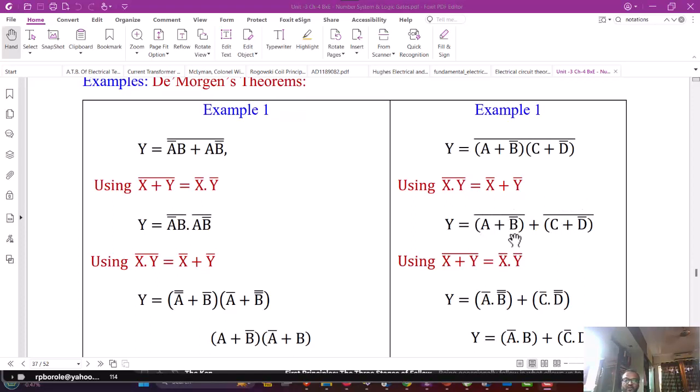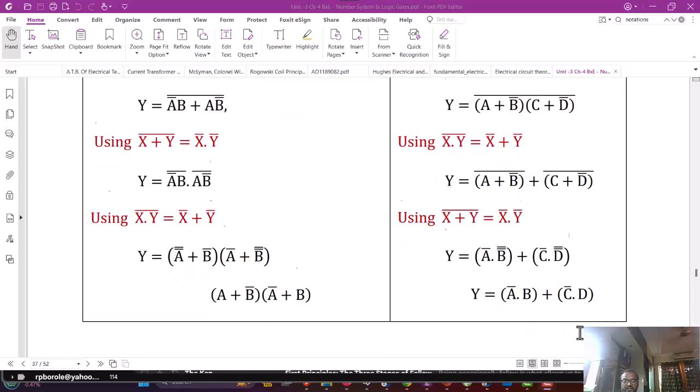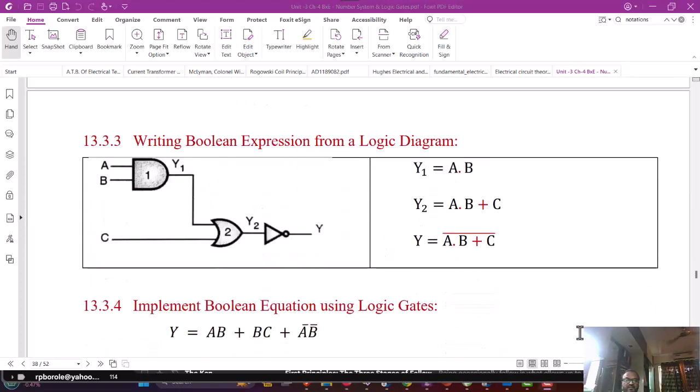Here the complement of OR operation results in the product of complements. So again this OR sign will be replaced by a product dot and break this complement bar here. So it becomes A bar, B complement of complement is B double bar, or C bar and D double bar. So ultimately B complement of complement is the same variable. So A bar B and C bar D. That will be the simplified expression.